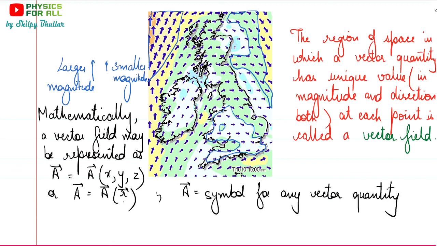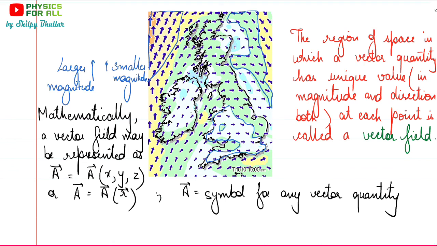So you can represent it, and A is the symbol for any vector quantity. So all those vector quantities which have both magnitude as well as direction we can use. For example, wind velocity, then there is electric field, magnetic field, gravitational field, velocity of a moving fluid at any point, electric force per unit charge. So everything which has both magnitude and direction, we can use them.